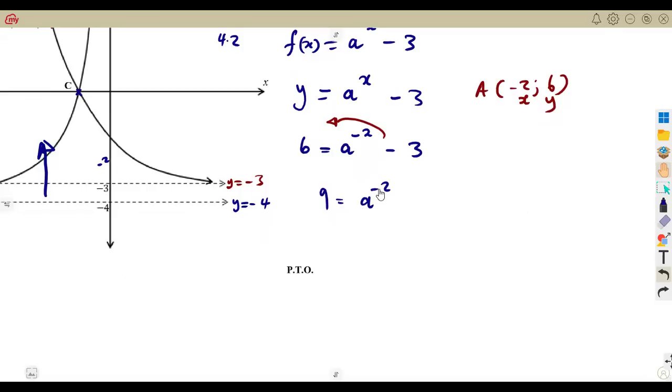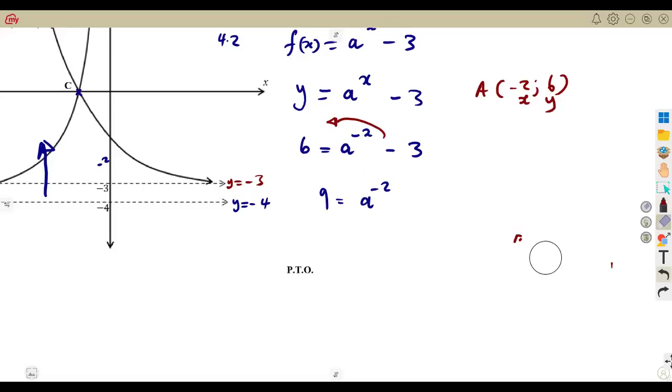So how do we remove this exponent of -2? The opposite of this is a -half. The reciprocal, the inverse of -2, is -half, so that if you multiply -2 and -half, you're going to get 1.